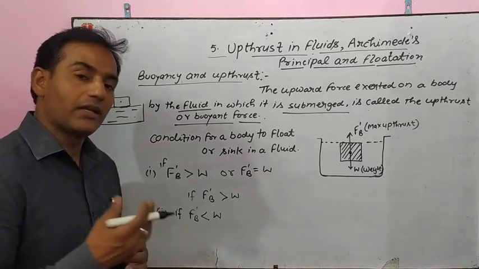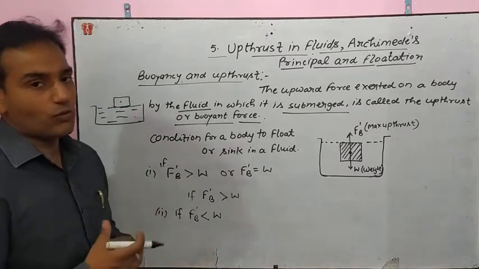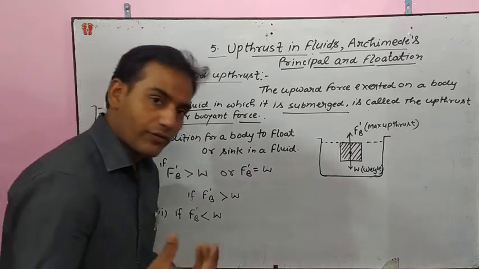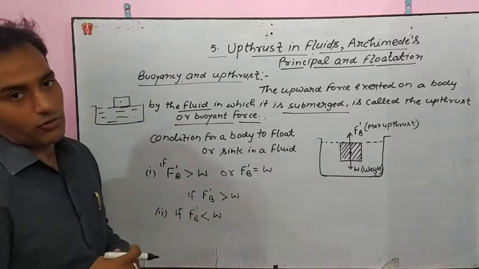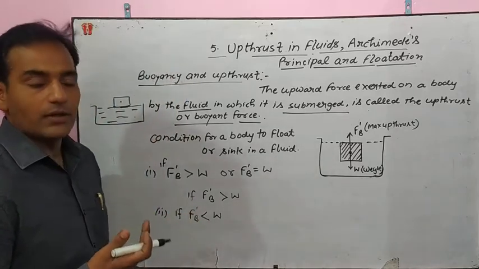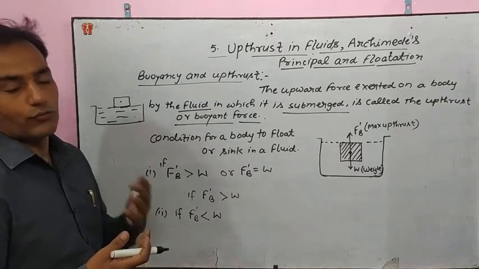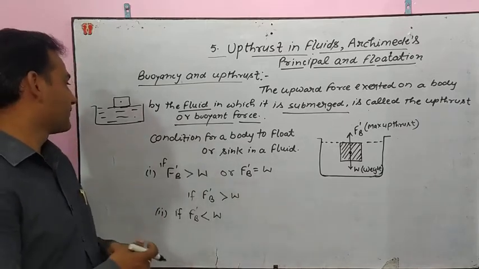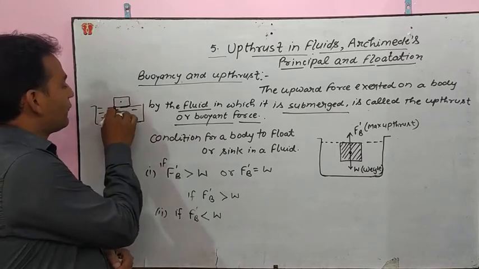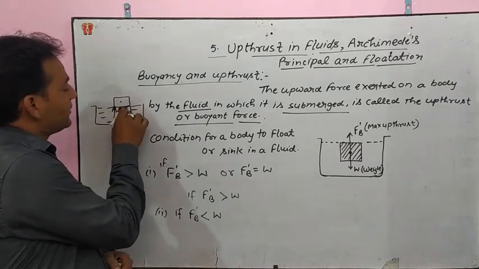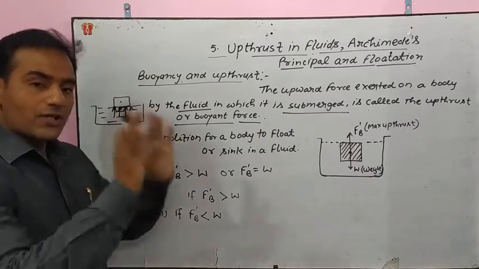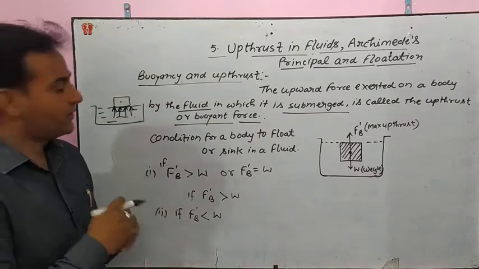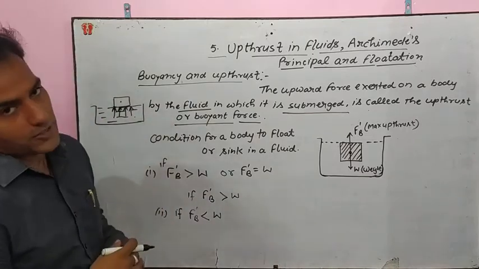Whenever we put any brick or any stone or any piece of iron, then it goes down. But in case of cardboard, wood, thermocol, why does it float? Let us see. One force is acting upward, pushing the object up. This force is called upthrust force.